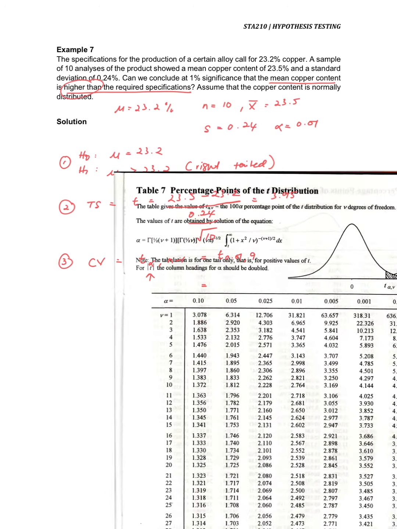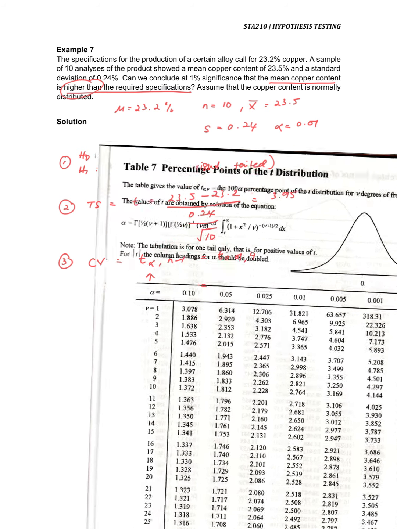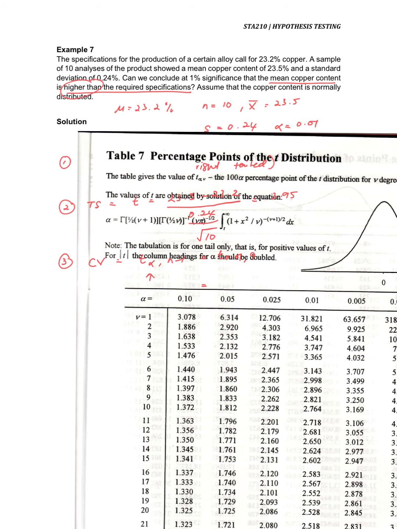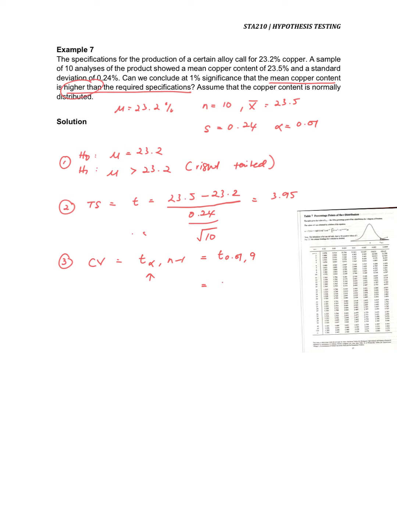So look at alpha 0.01 and n minus 1 is 9. So the value is 2.821. So our critical value is 2.821. Okay. Step number 4, write your decision rule.